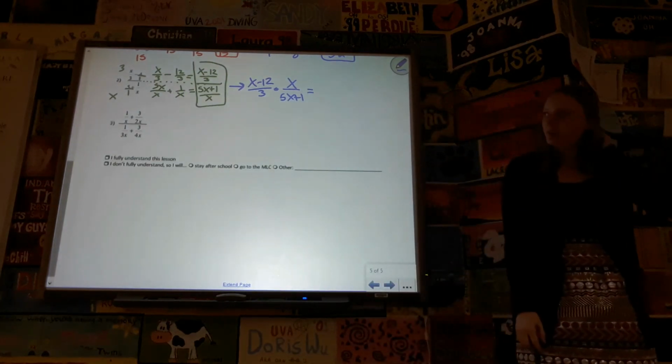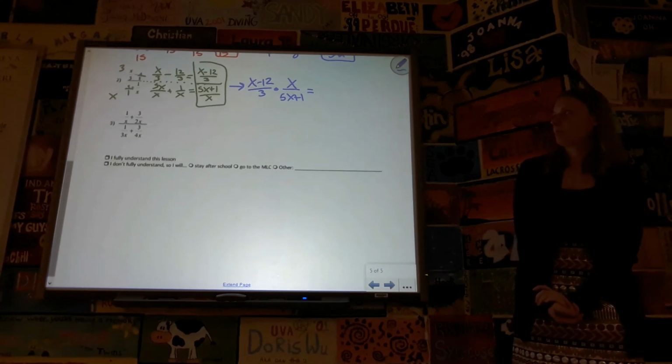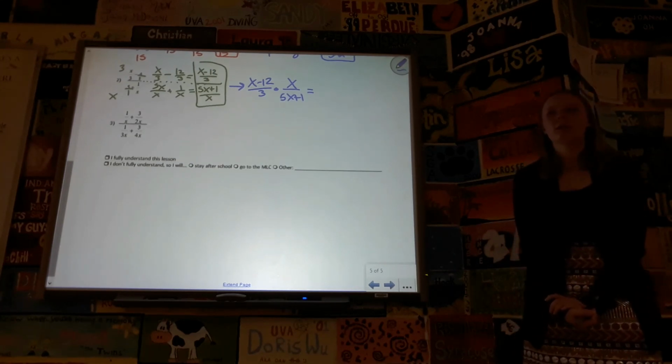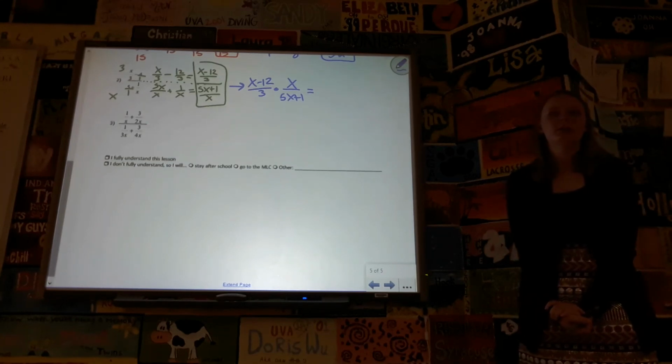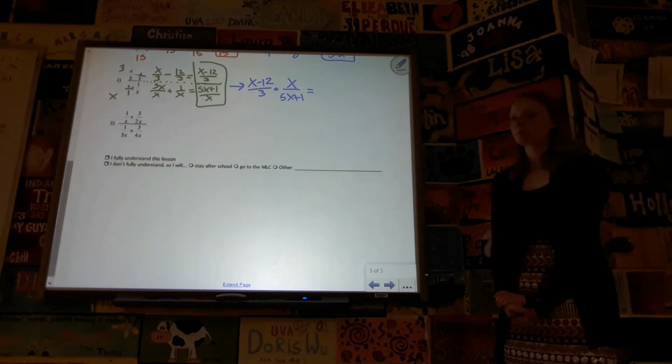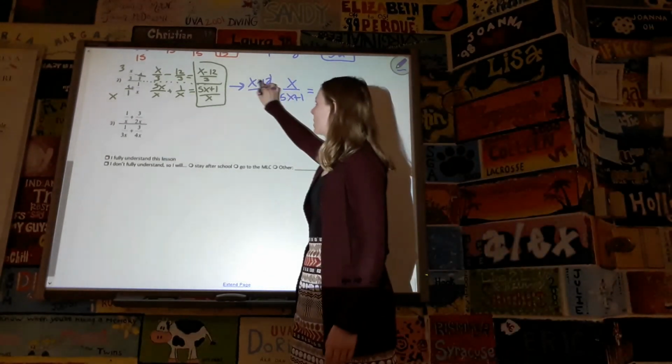Can I cancel anything? I cannot cancel the 12 with the 3. And x? Oh, wait, no. Can't cancel the x's either. Not if 12 is part of a factor.